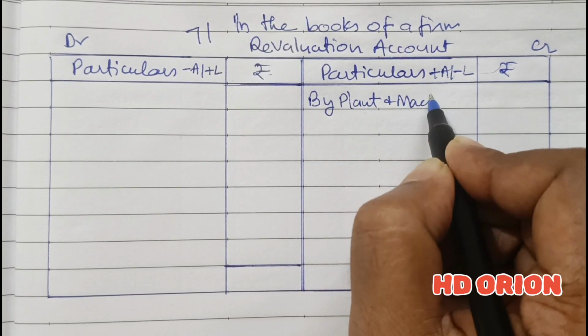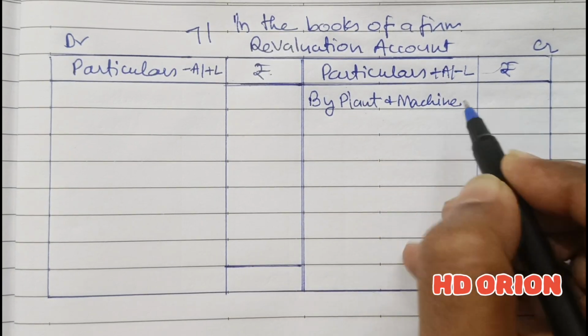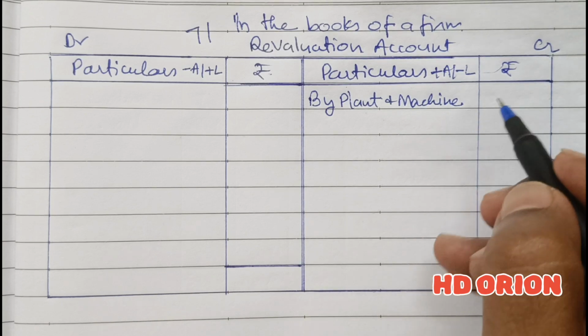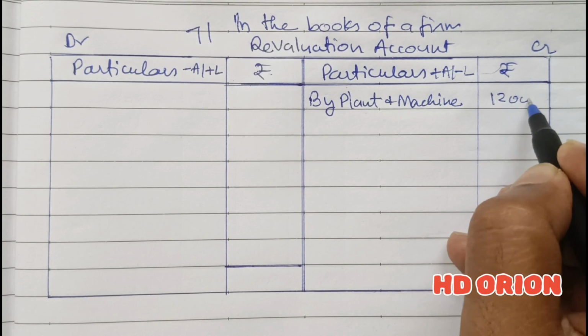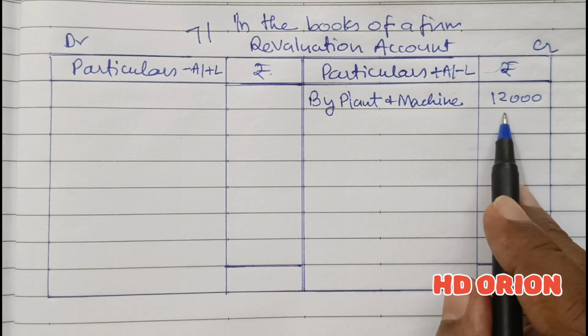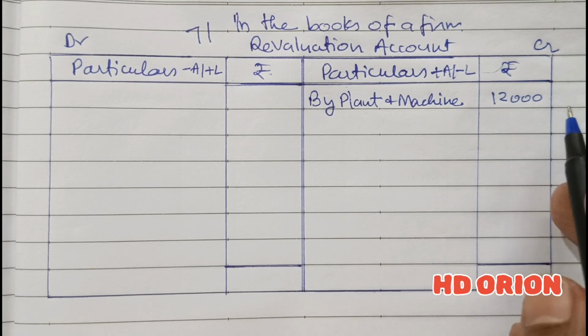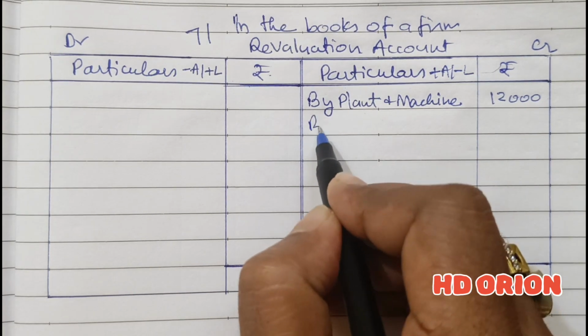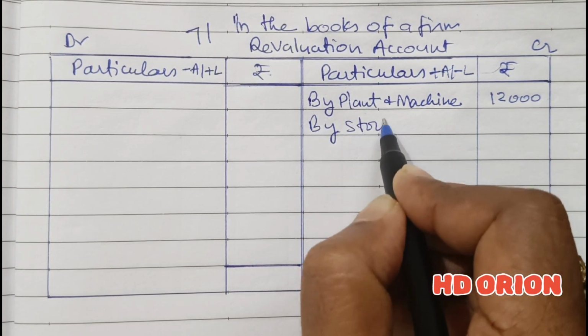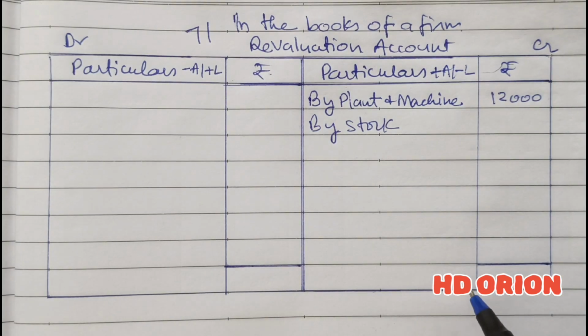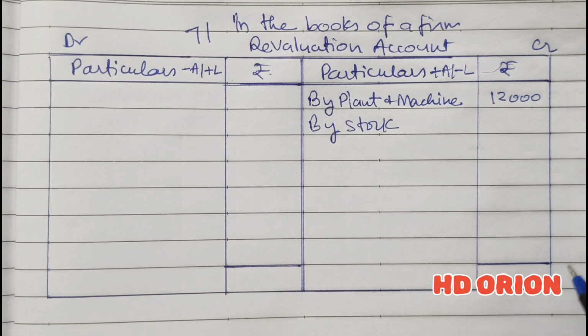Plant and machinery is increasing by rupees 12,000 from 48,000 to rupees 60,000. Difference is 12,000. Then stock is also increasing. So by stock, it is said stock is valued at rupees 40,000, whereas in the books stock is shown at rupees 32,000.